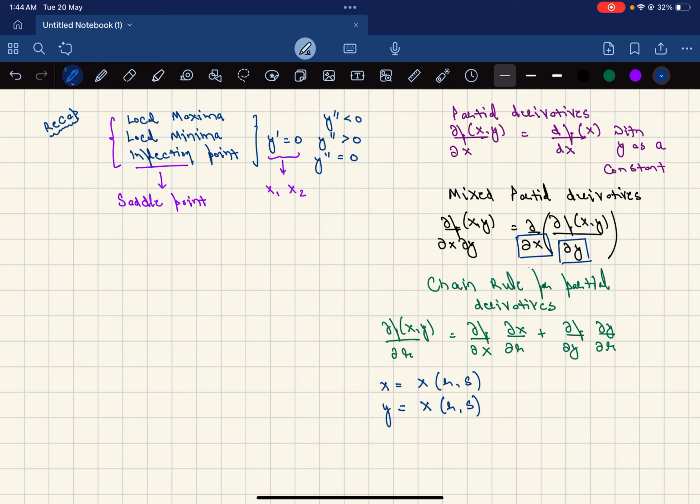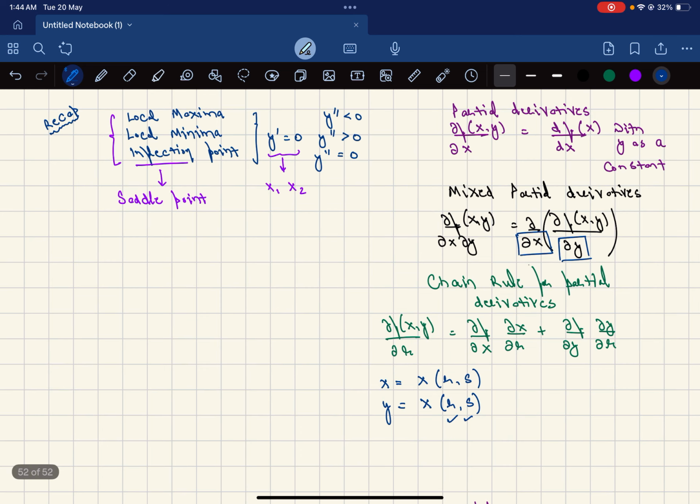Then we used chain rule to get the partial derivative of the function f with respect to any one of these two variables, r or s. So we find the partial derivative of f with respect to x, multiply it with del x upon del r, because x is a function of r, and then we add the same thing for y as well. This is how we use the chain rule to get the partial derivative in this particular case.